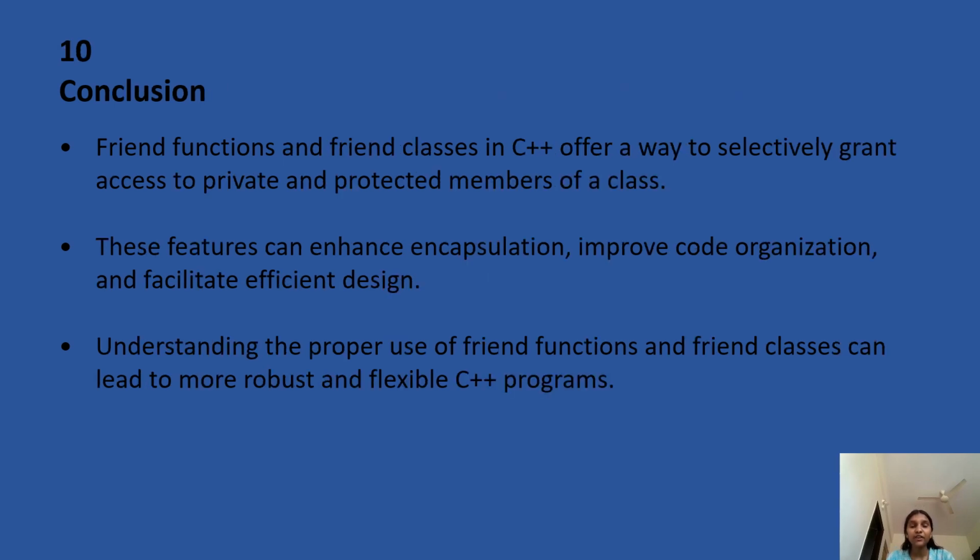Friend functions and friend classes in C++ offer a way to selectively grant access to private and protected members of the class. With this, we can conclude that these features can enhance encapsulation, improve code organization, and facilitate efficient design. Understanding the proper use of friend functions and friend classes can lead to more robust and flexible C++ programs.